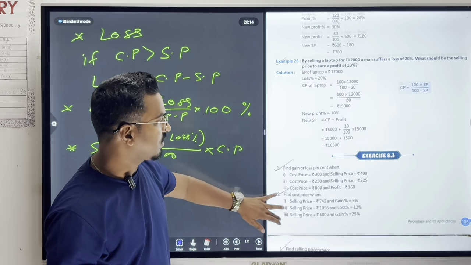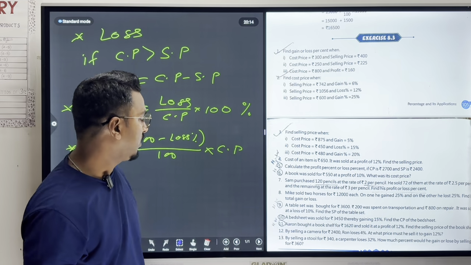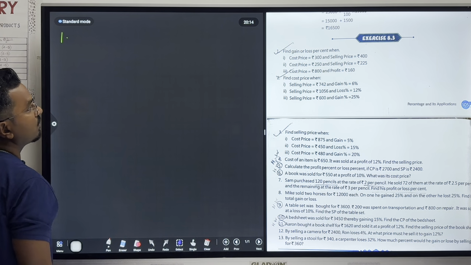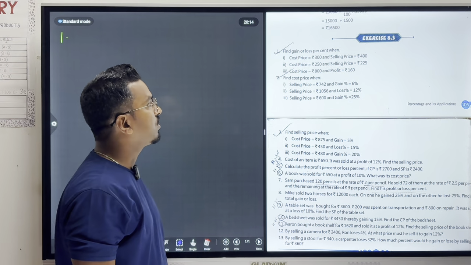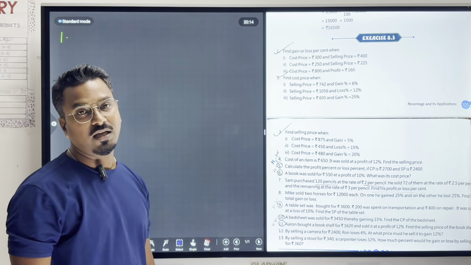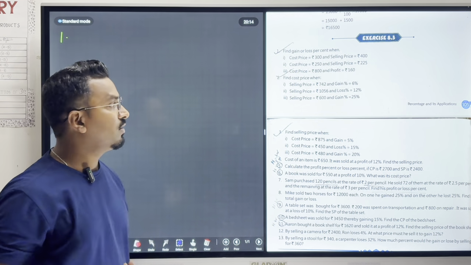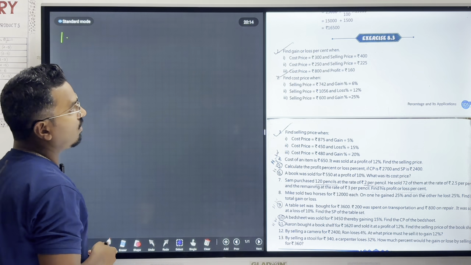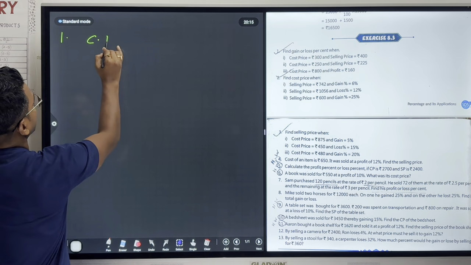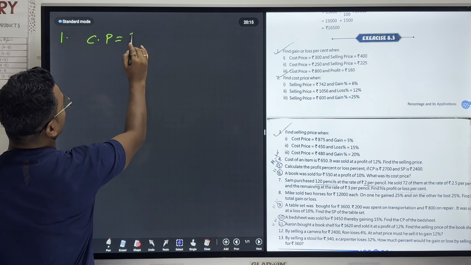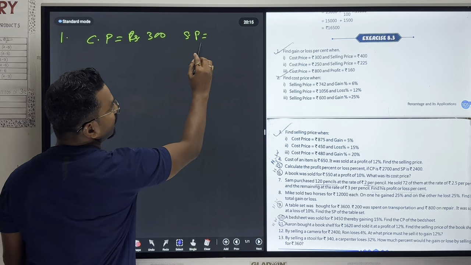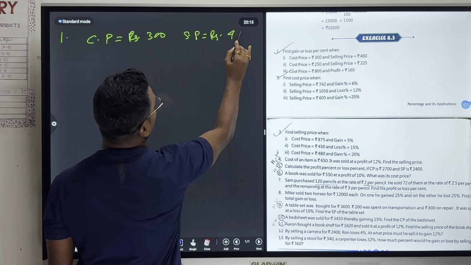So we'll move to the first exercise, exercise 8.3. Find gain or loss percent when cost price is 300 and selling price is 400. Gain means profit. The cost price is given as rupees 300 and the selling price is rupees 400.